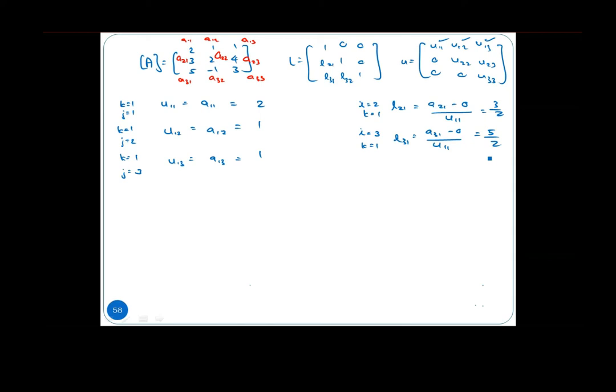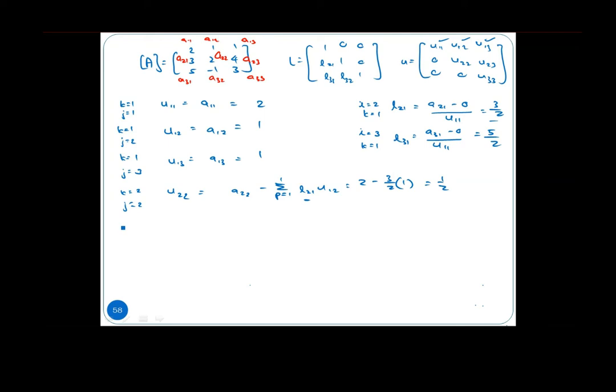From there, we can find U22, where K equals 2, J equals 2. U22 equals A22 minus the sum for P equals 1 of L21 U12, so it equals 2 minus L21, which is 3 over 2, times U12, which is 1, so we end up with 1 over 2.